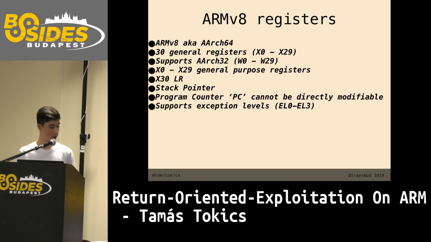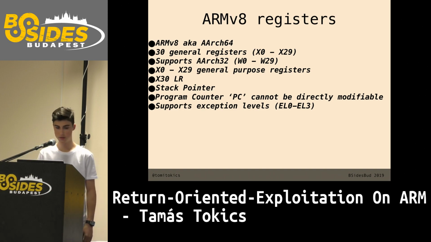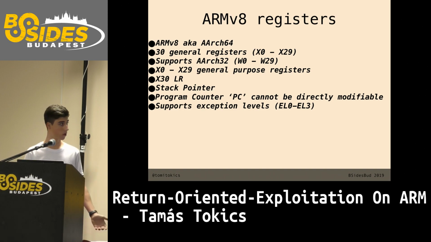Now ARMv8, on the other hand, is ARM64. We have a lot more registers, about 30 general ones, labeled X0 to X29. ARMv8 supports ARMv7 for backwards compatibility, but when this mode is enabled, the upper 32 bits are ignored and the register names change slightly, from X to W. We have the same special registers as in ARMv7.